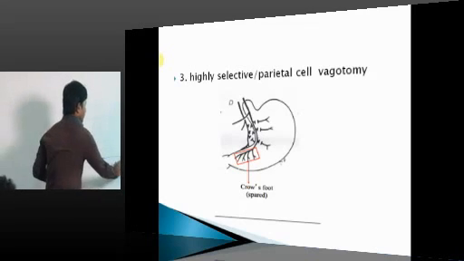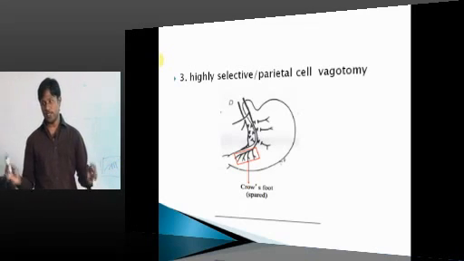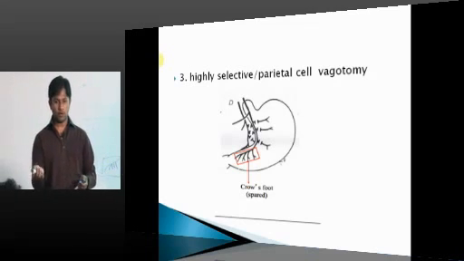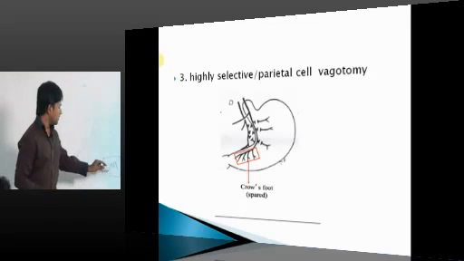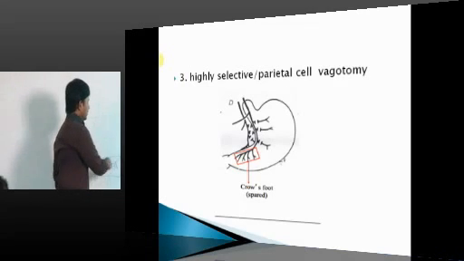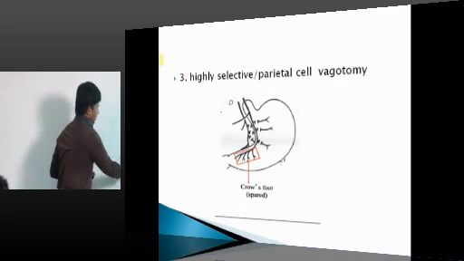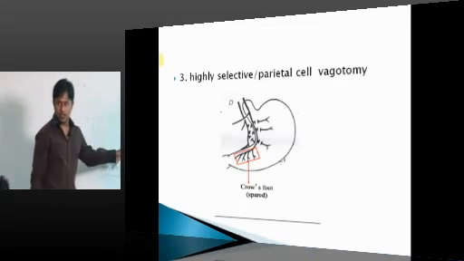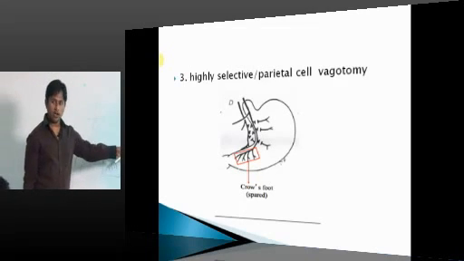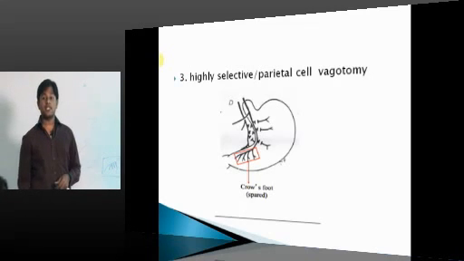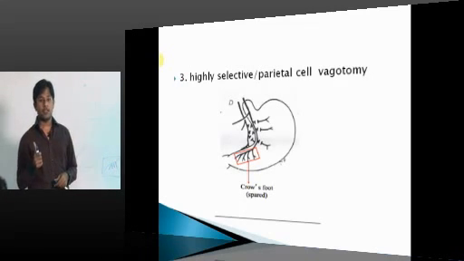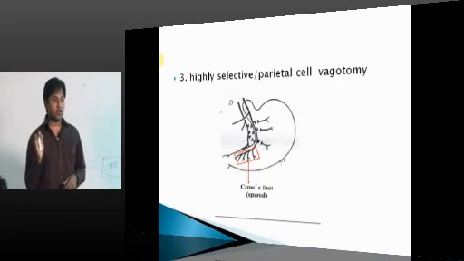Why do you have to preserve this? Only because you want to improve motility, you are preserving this. And why are you preserving this here? Why don't you preserve here? Here also small branches are there, and it also helps in motility. Why are you not removing this? Where are parietal cells located?